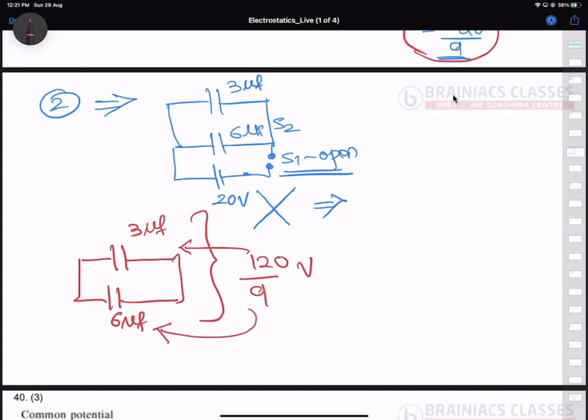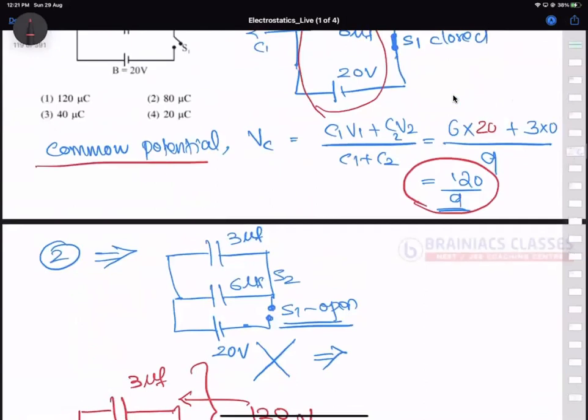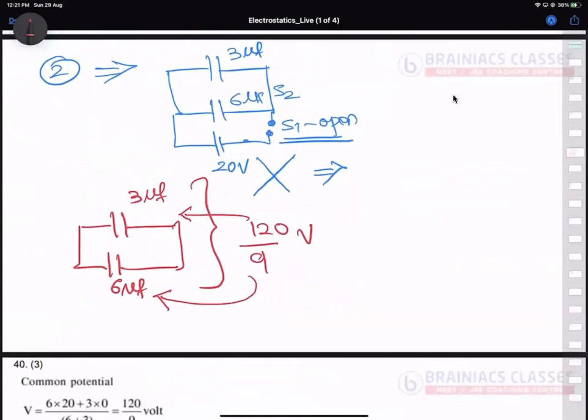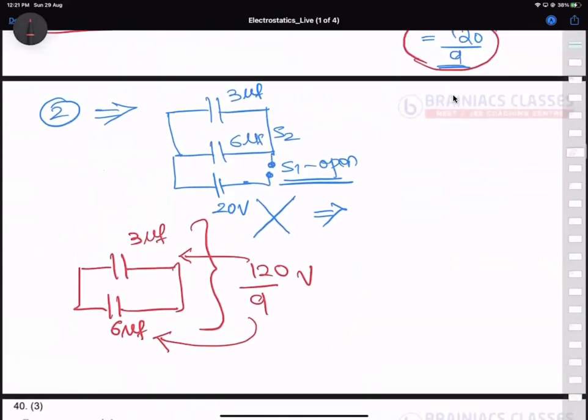That's what we call the common potential, common for everybody. So this 120 by 9 voltage is common to all the capacitances available in the circuit.